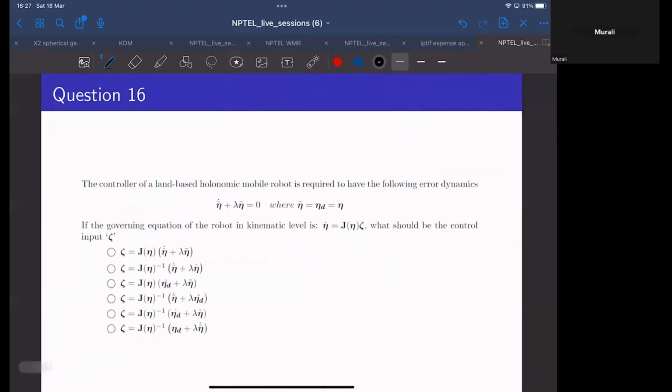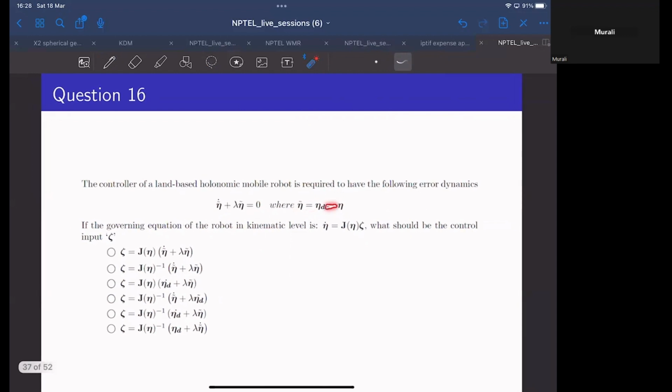Yeah. And question 16 says the controller of a land-based autonomous mobile robot is required to have the following error dynamics. This is basically a first order error dynamics actually. Eta tilde dot plus lambda eta tilde equal to 0, where eta tilde would be eta desired.